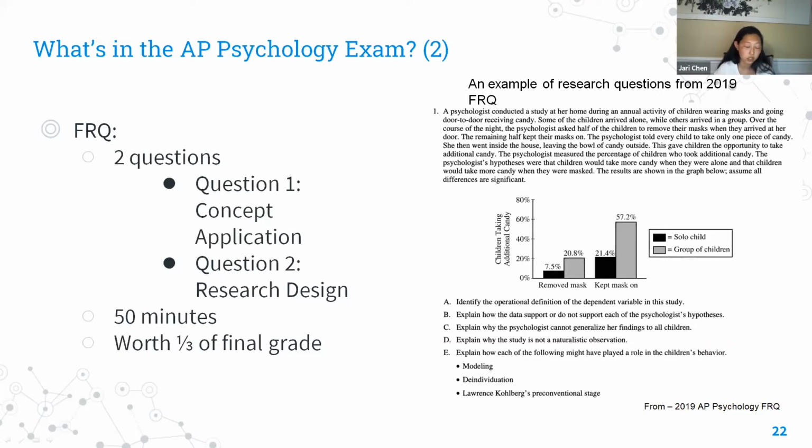For question 1, concept application, it usually gives you a situation like at the top of the question shown on the right, and then it gives you a couple of 7 or 8 vocab words that you have to define and apply to that situation. So these questions, the concept application and research design, can be in any order. It doesn't necessarily have to be concept application and then research design.